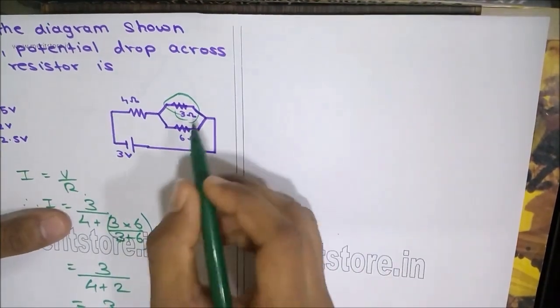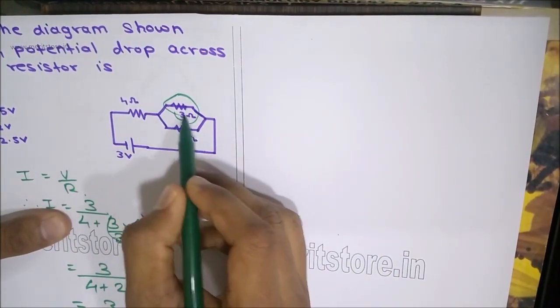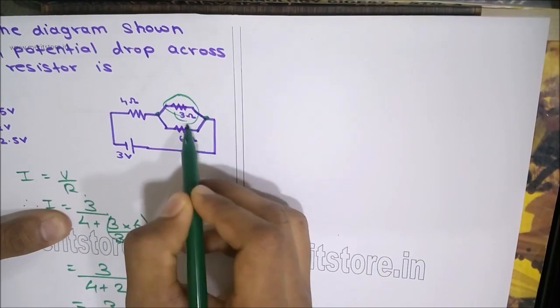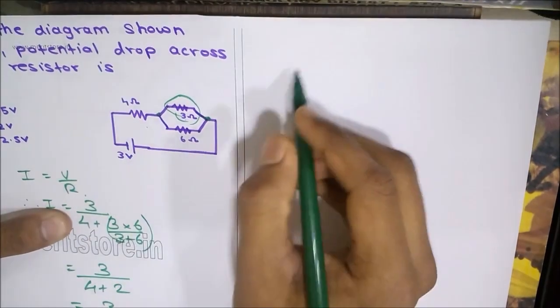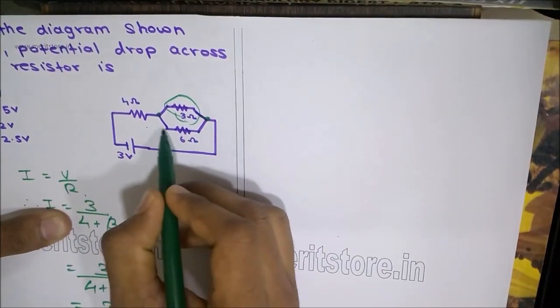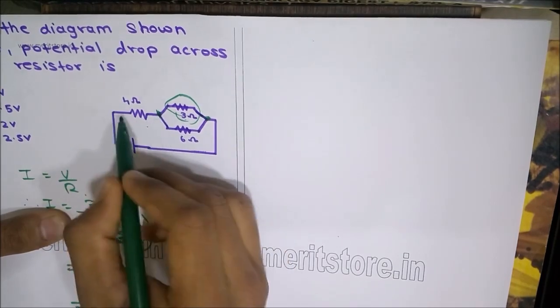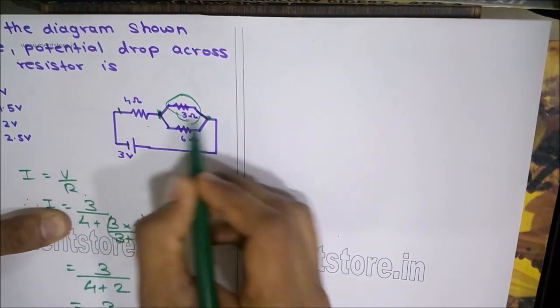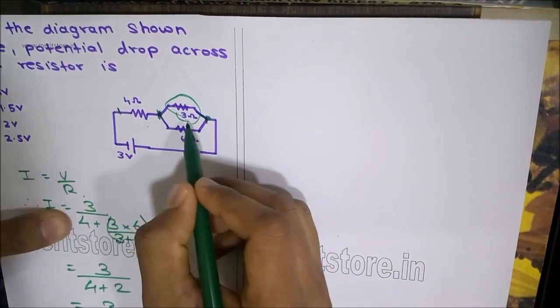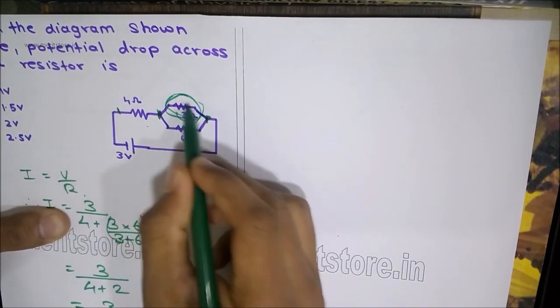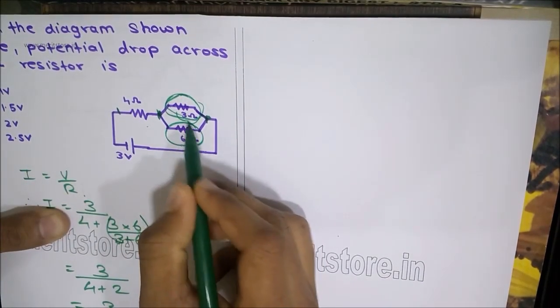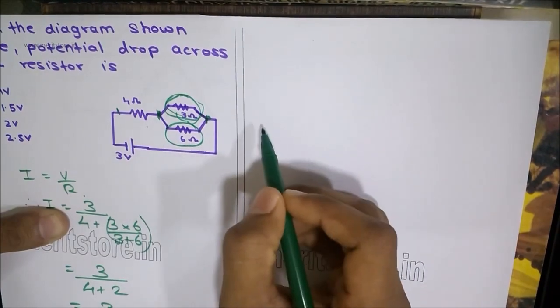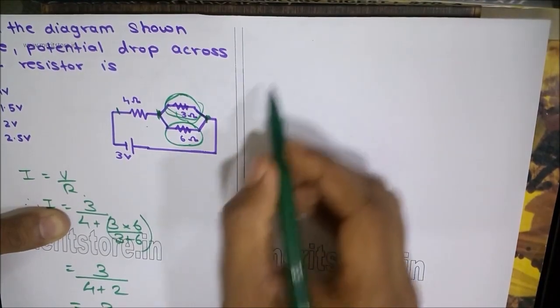Now let's look at the potential difference across these terminals. What we need to know is that the potential difference across the 3 ohm resistor and the 6 ohm resistor would be the same since they are connected in parallel combination.